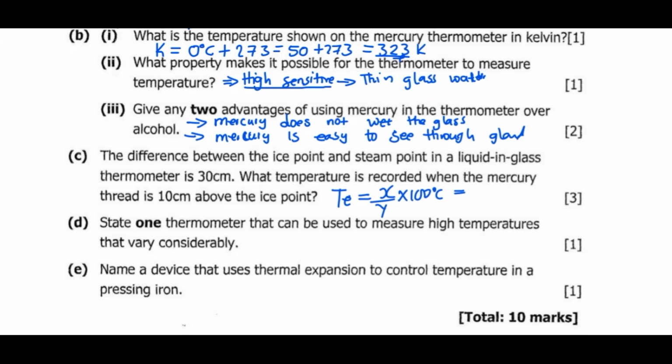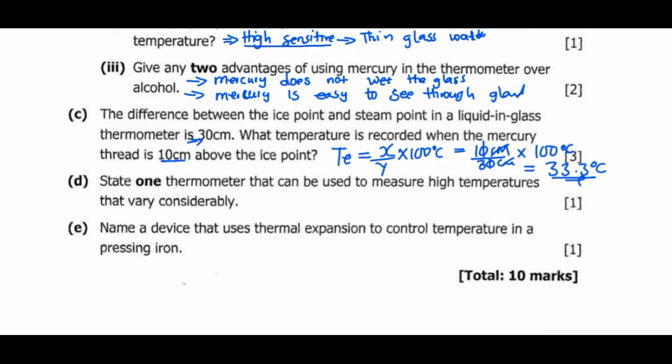Our x is 10 centimeters over the difference here, 30 centimeters, multiplied by 100 degrees Celsius. The centimeters cancel. So what is 1/3 of 100? I'm getting 33.3 degrees Celsius. So that's our temperature.